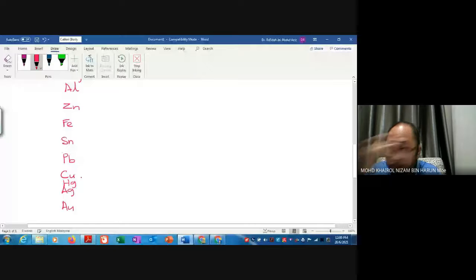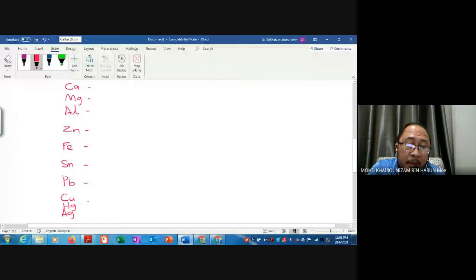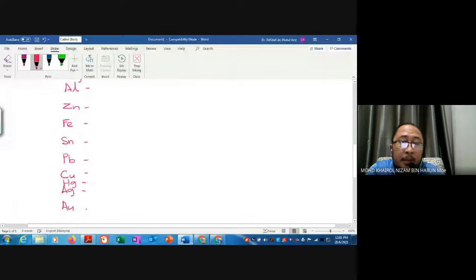Okay, so I can give you tips, exactly in BM, to make it easier for you to remember the arrangement of these metals in the reactivity series of metals.